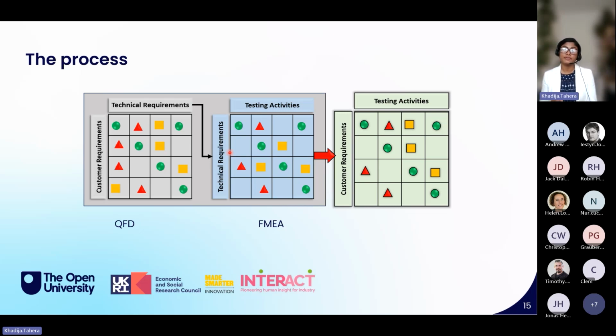That is the severity, and the occurrence: how likely can it fail? That's one thing. And if it fails, what's the consequence? The importance of these two we put together to highlight the importance of the technical requirements from an engineering point of view.